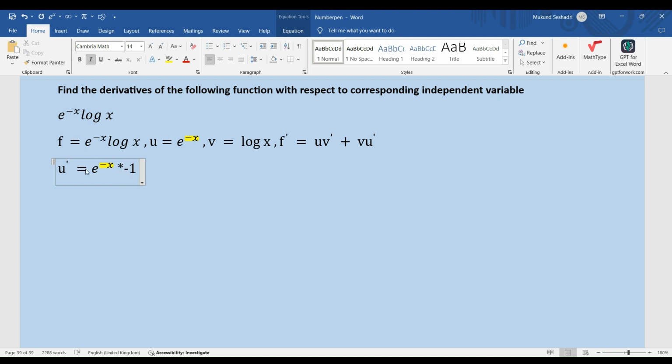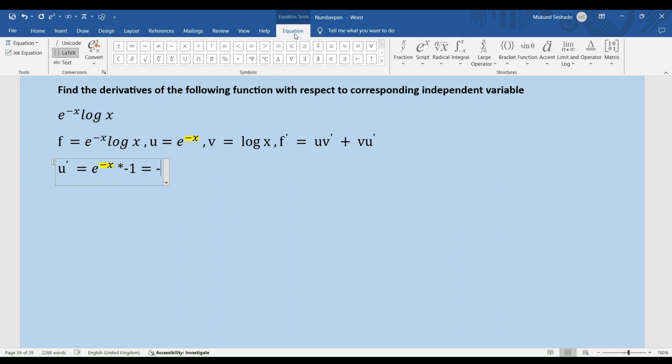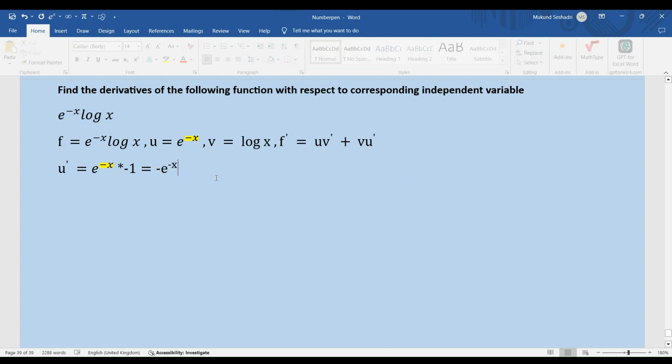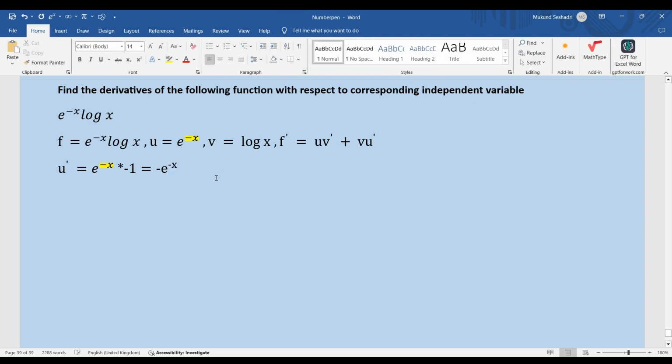So that's how I arrive at u dashed, and which means I can rewrite this as minus e to the power minus x, right? So this is my u dashed, and this I have attempted to apply the chain rule of differentiation directly.